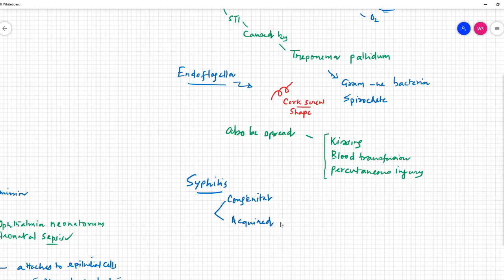Okay, acquired is how you acquire it from the environment. So if you acquire it, then the disease progression is you will have early syphilis, okay, or you can have late syphilis.